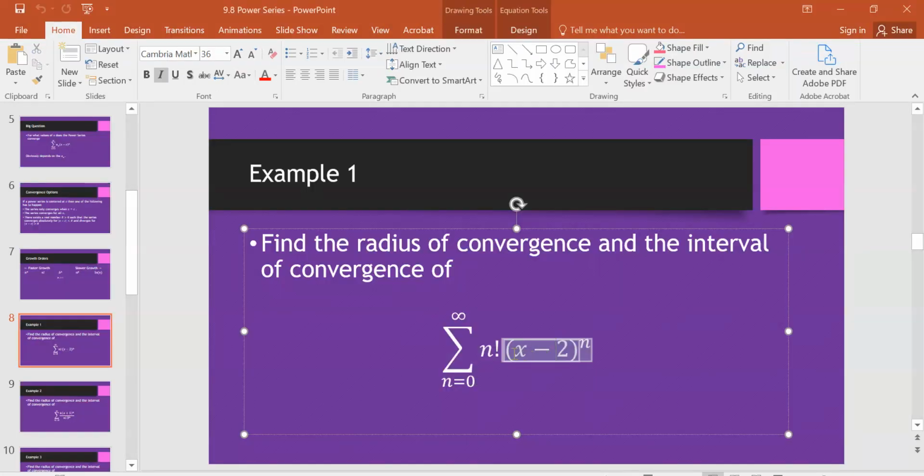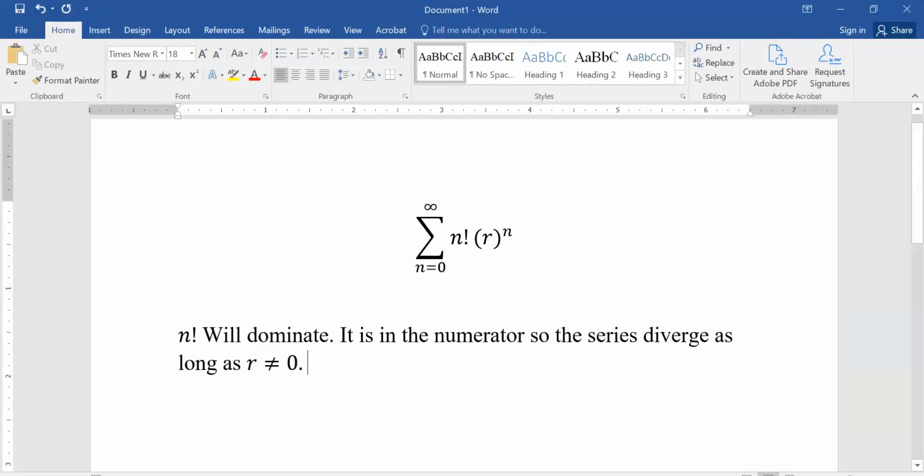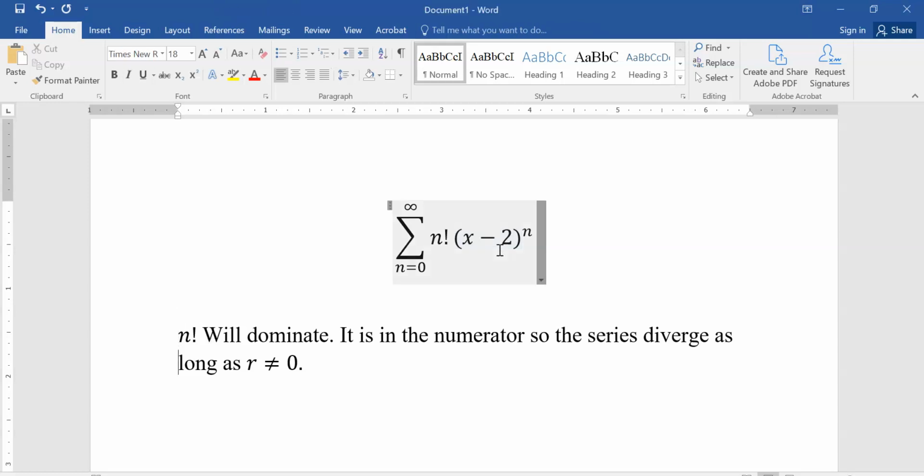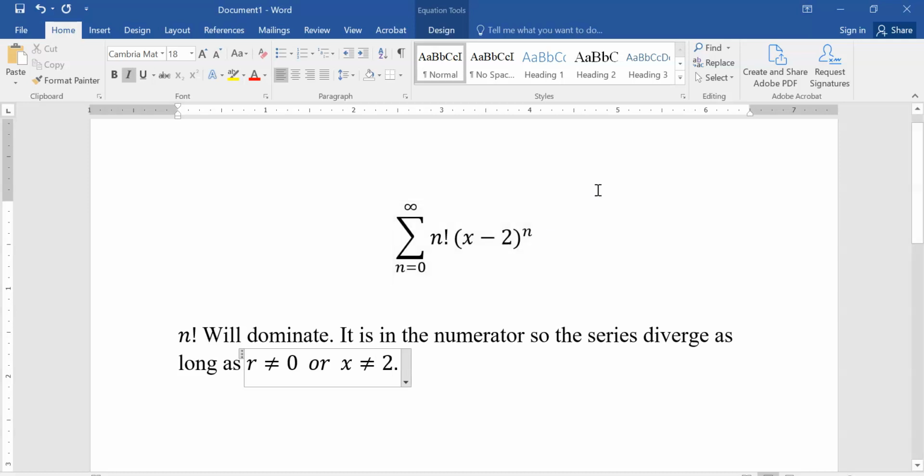Now, obviously there is an option for r to be 0 because our r was actually x minus 2. So when we say as long as r is not equal to 0, that is equivalent to saying as long as x is not 2.